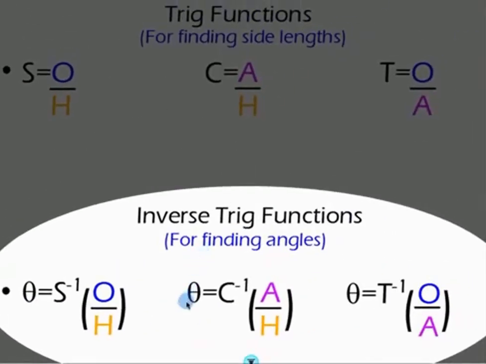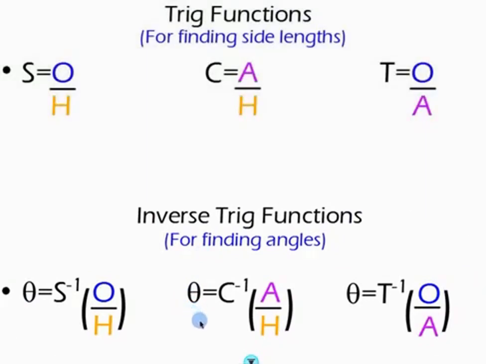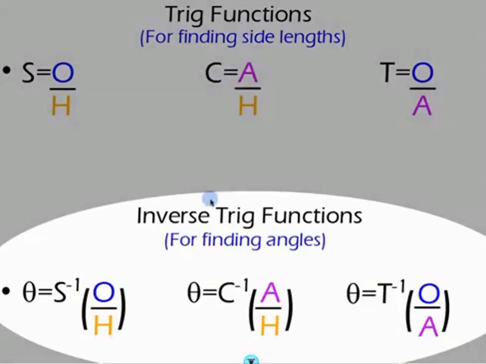And the way that I think about all this inverse stuff, it can be a bit tricky, but think of the cos of an angle, which is equal to the adjacent over the hypotenuse, as the angle in another language, if you like. The cos of an angle is like the angle in French, and we want to work out what the angle is in English. So we translate it from French to English by doing the inverse of the cos.